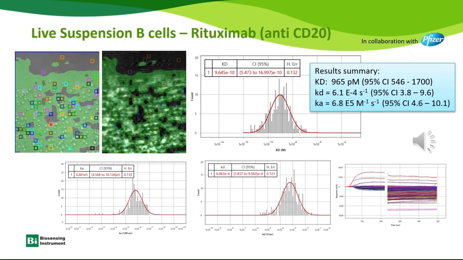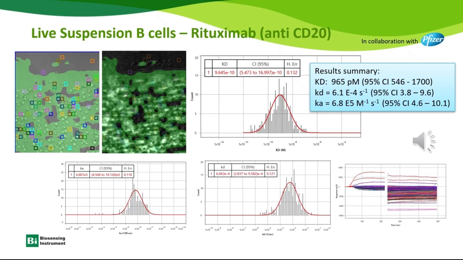The experiment we did here using SPRM is we catch the suspension B cell, a live cell, onto the chip surface, and then introduce rituximab, the antibody, and study the binding. The affinity we measured using SPRM is about 1 nanomolar.